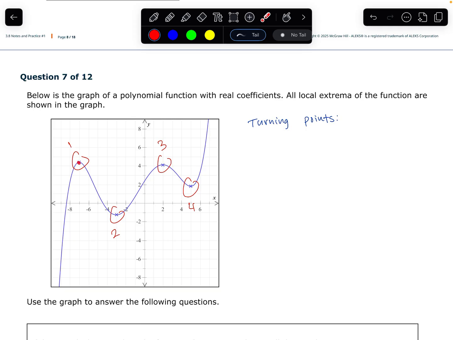So I have 1, 2, 3, and 4 turning points, which means that the degree of this function has to be at least 1 degree greater than this right here. So the minimum degree of this function is 5. It has to be one more than the number of turning points that it has.